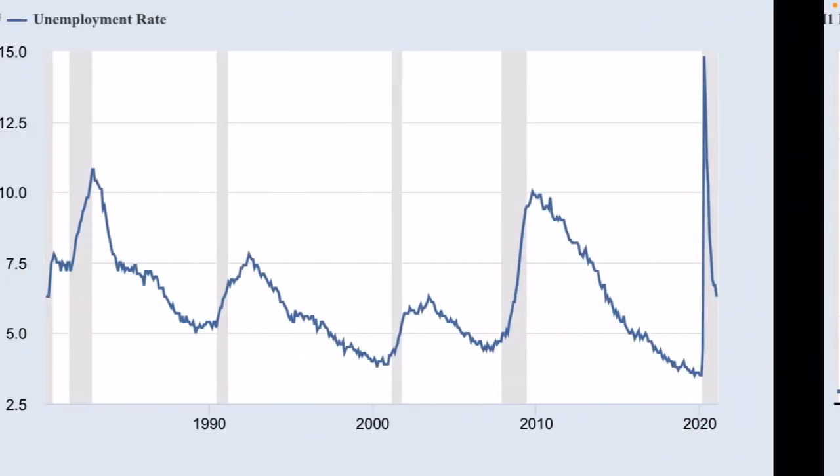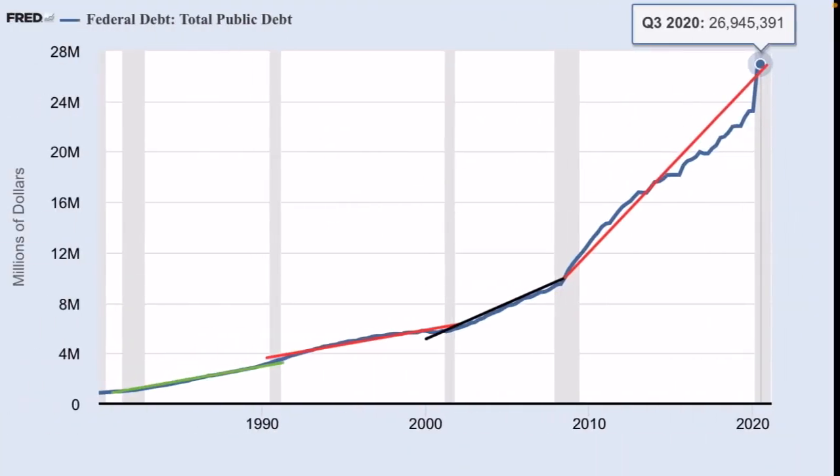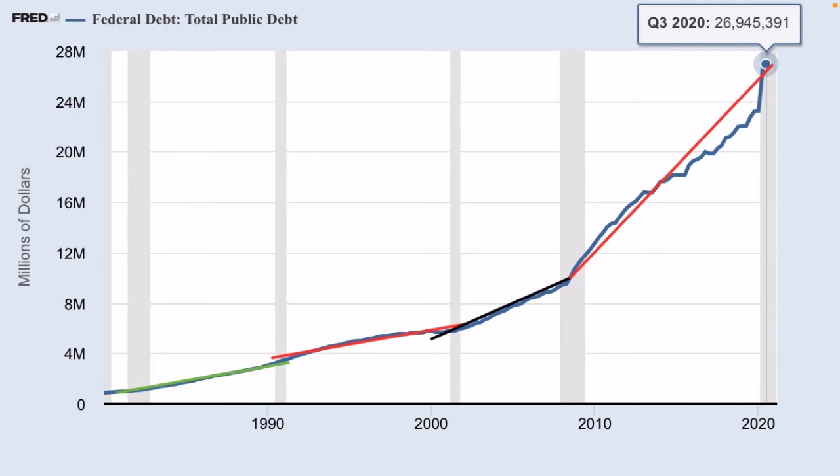But going back to this chart, it looks like a bubble is building between these two recessions of 2008 and 2020. And the market was crashing in March 2020. And now that we're in 2021, the markets have been reaching all-time highs.